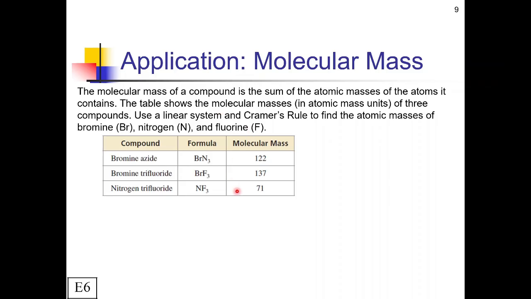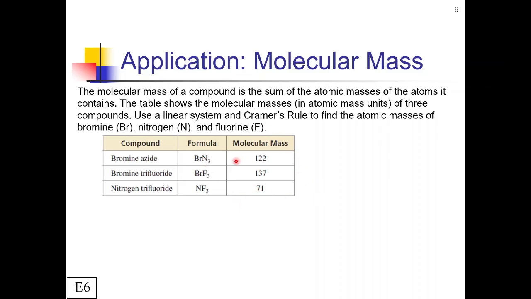So the basic idea here is we have different combinations of different numbers of these atoms, and we know how many atoms there are in each of these compounds, and we also know what it all adds up to. So we're going to set up 3 equations based on these 3 pieces of information, and then we'll use Cramer's rule to solve that system.